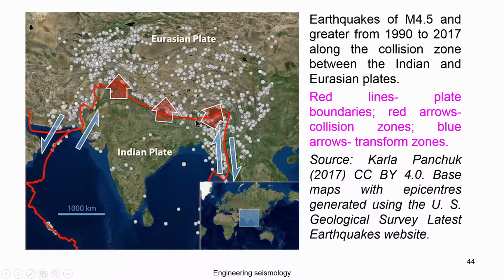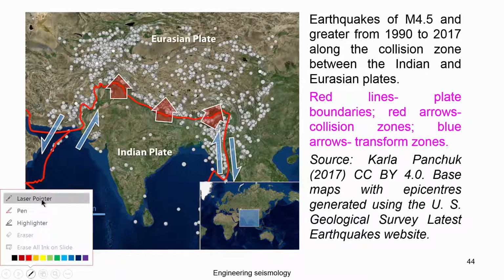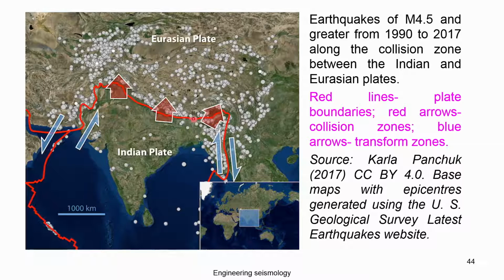Apart from this active region in the Indian plate boundary, we also understand that the eastern and western parts of the plate, particularly where it interacts with the Burmese plate and, on this side, I think the Arabian plate, on the Pakistan side.